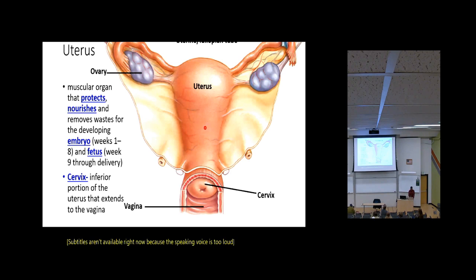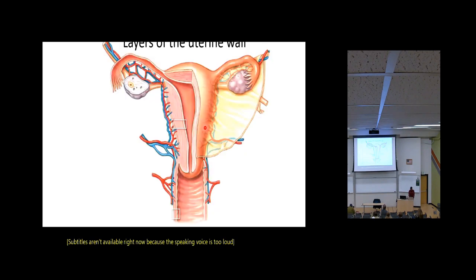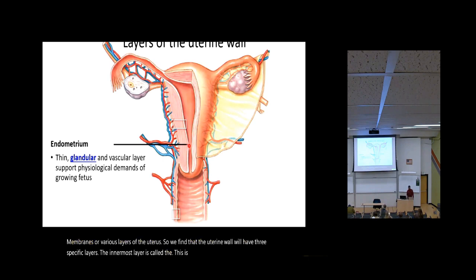And now let's talk about the various membranes or various layers of the uterus. So we find that the uterine wall will have 3 specific layers. The innermost layer is called the endometrium. This is a glandular and a vascular layer, and the purpose of the glandular secretions and the vascularity is so that the physiological demands of the fetus can be met, right?